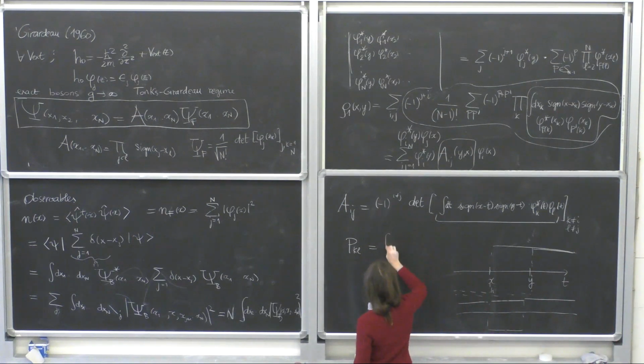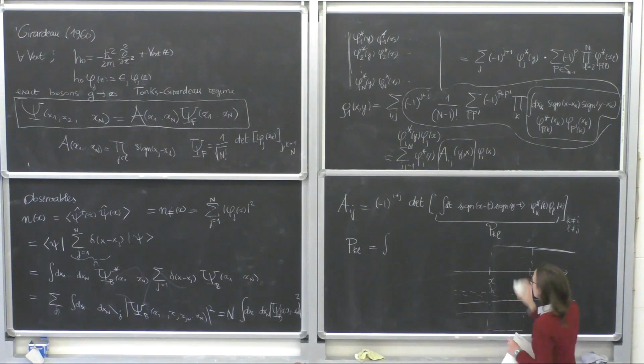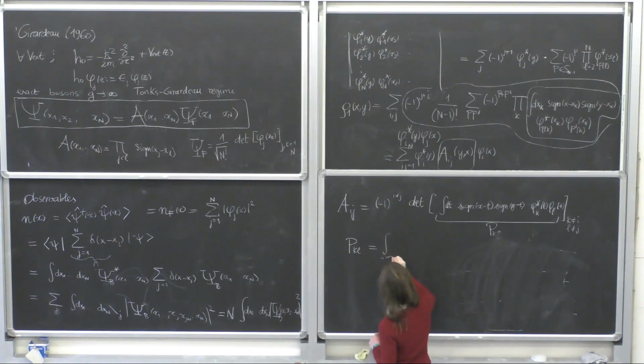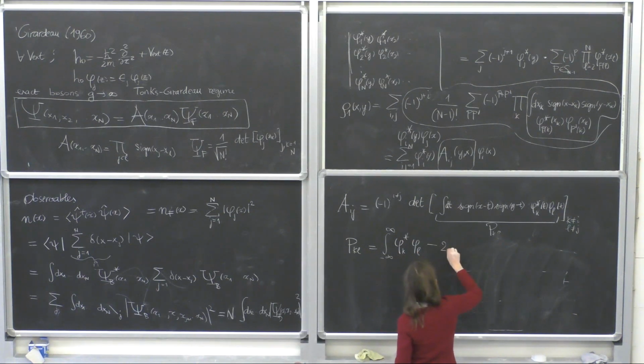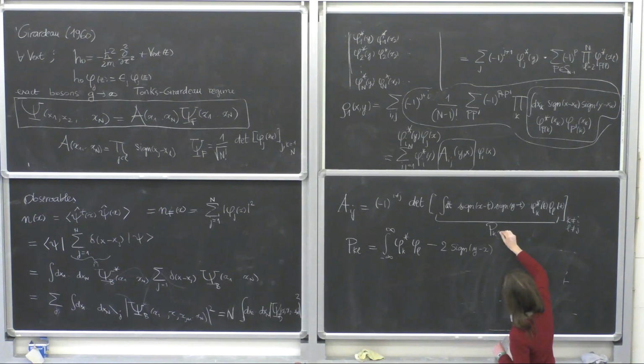That shows that this pKL is, sorry, questions? No? This pKL is the integral from minus infinity to infinity of these orbitals, phi star k phi l, minus 2 sine of y minus x, if I take y larger than x, and then it's the same in the other case, the integral from x to y of phi star k phi l.